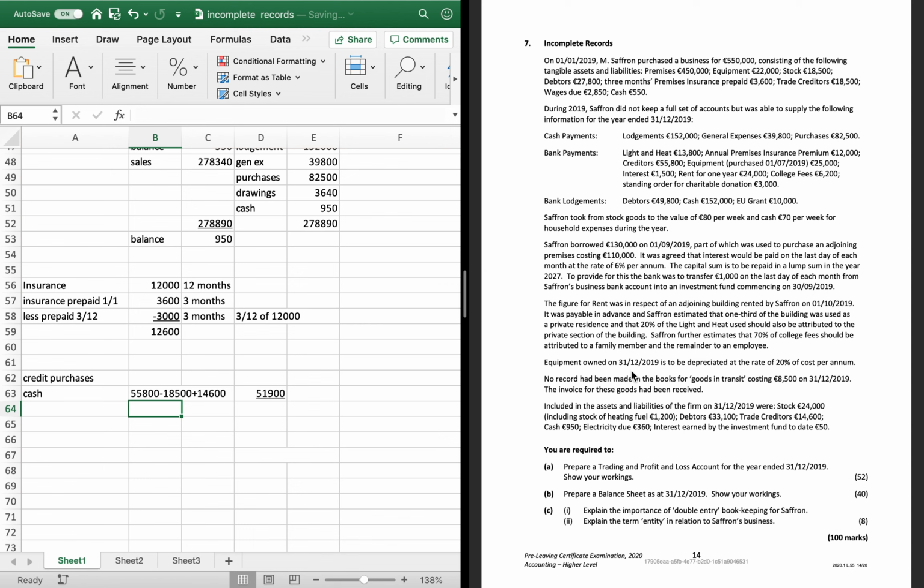If we went down and we see this, no record has been made in the books for goods in transit costing 8.5. The invoice for these goods have been received. This 14.6 isn't really 14.6. So what I'm going to do is, if you saw that, I'll just come down and I'll leave that there for a minute.